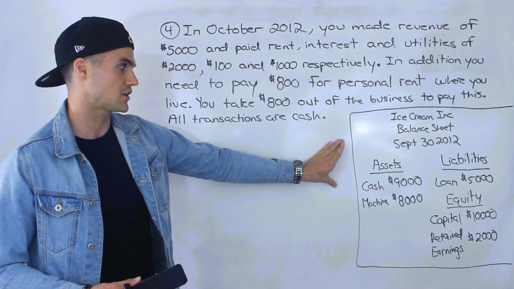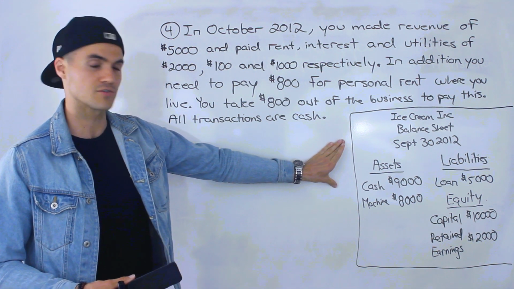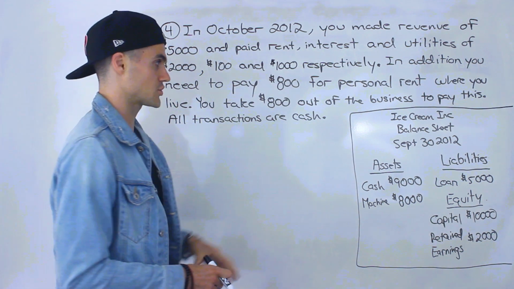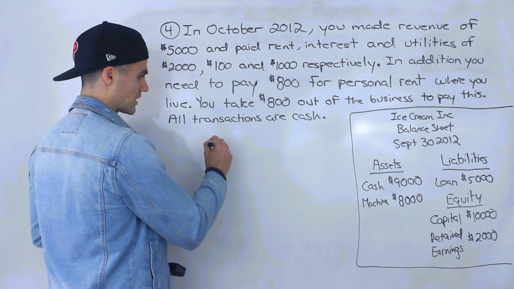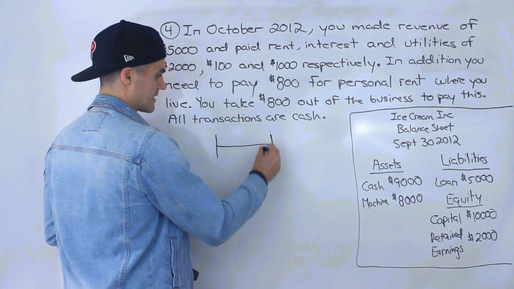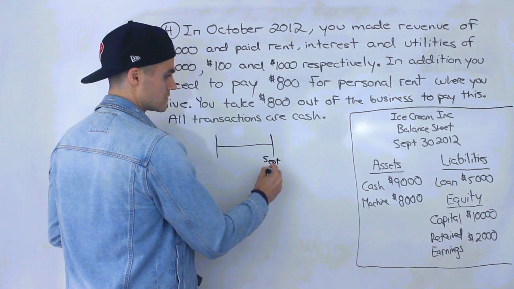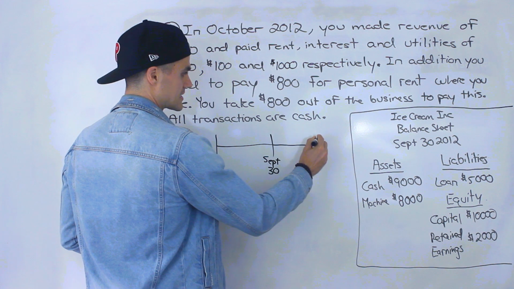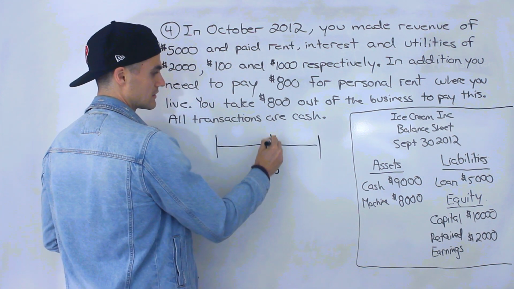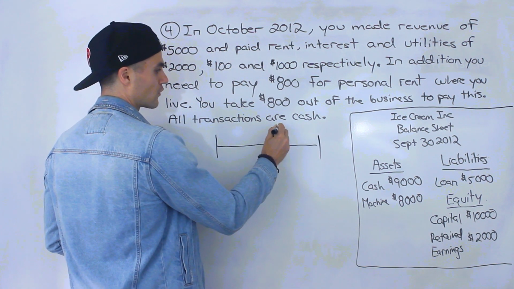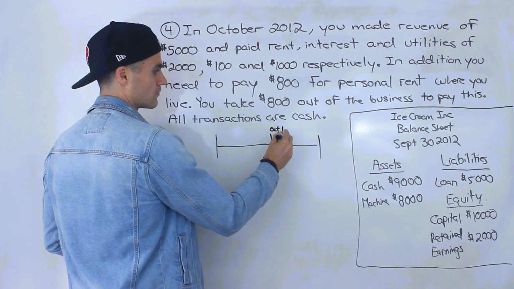Notice I have the balance sheet here from September 30th, 2012. The first thing I want to mention is that this is the same balance sheet that's going to be on October 1st, 2012.